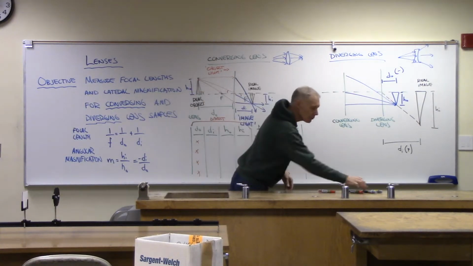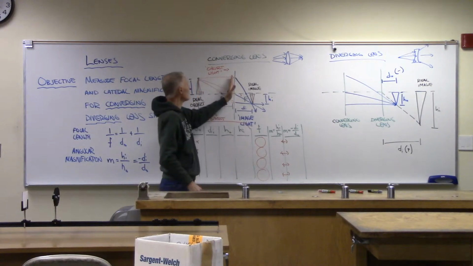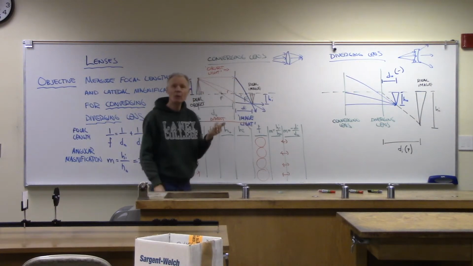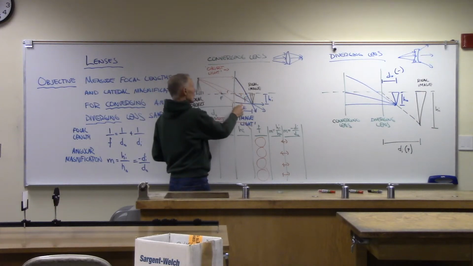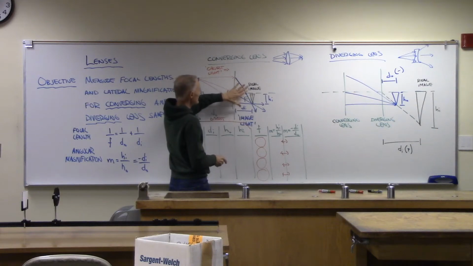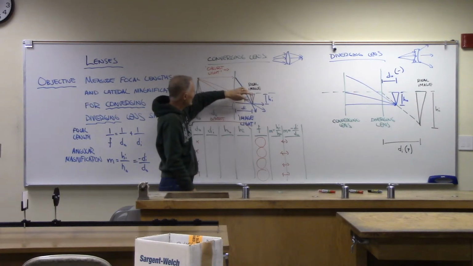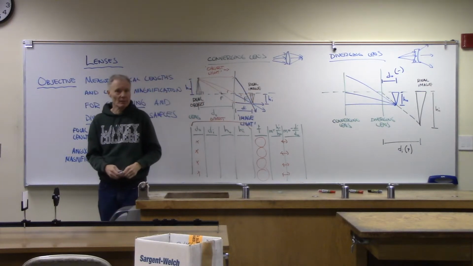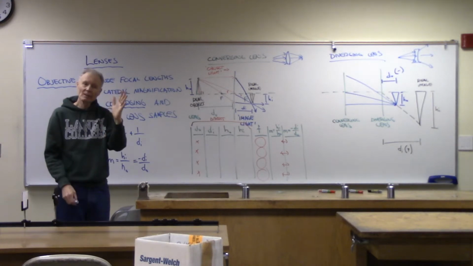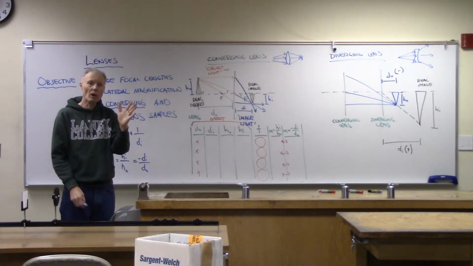So once the light's past the lens, each of these paths is now redirected. And so this pattern is what I'm going to call the image light. This is the light that makes up the image. And it converges, or it comes together at one particular location, and that's going to be the location of the image.